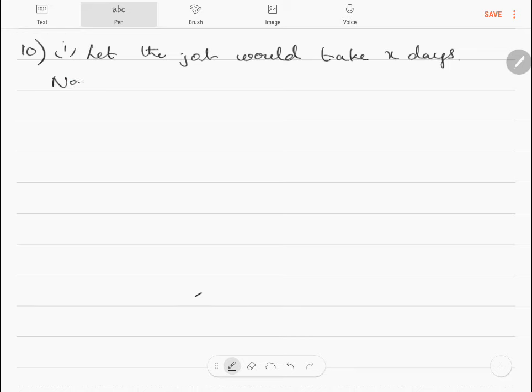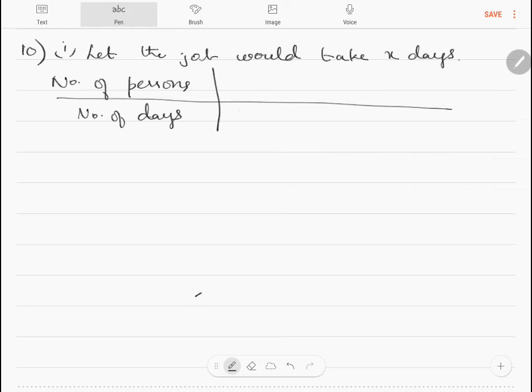Now we have number of persons, number of days. For two persons 3 days. One went ill, so 2 minus 1 will be 1. So for one person it is X.